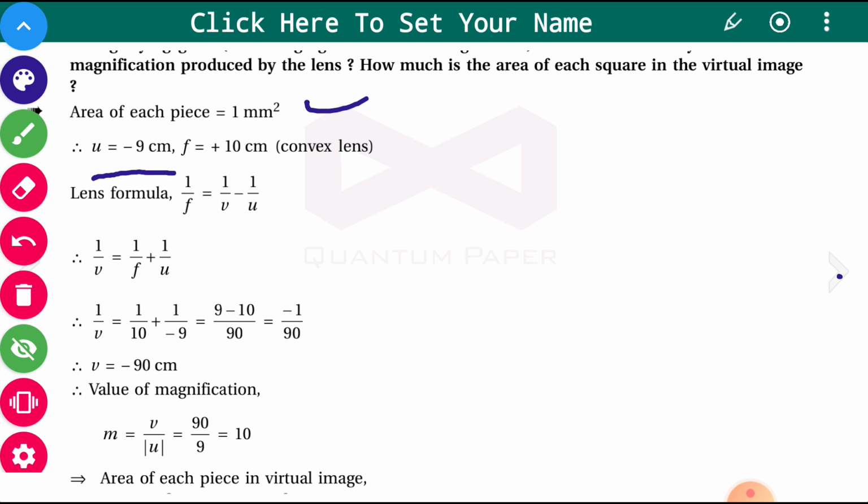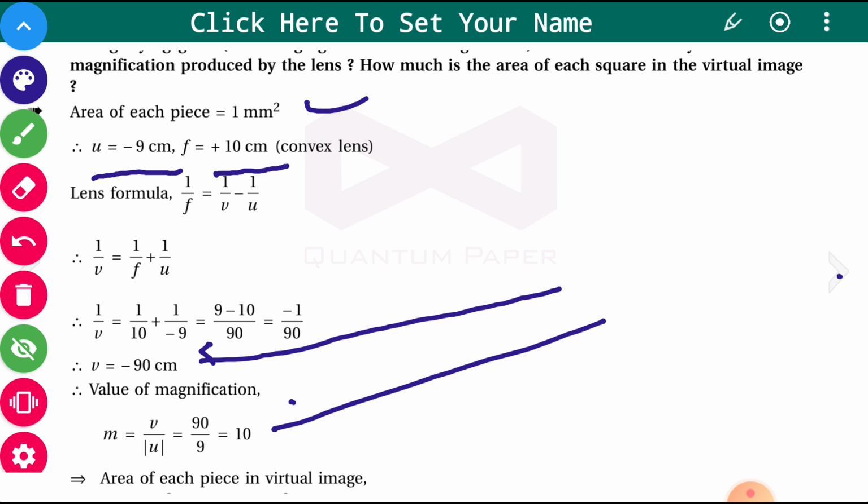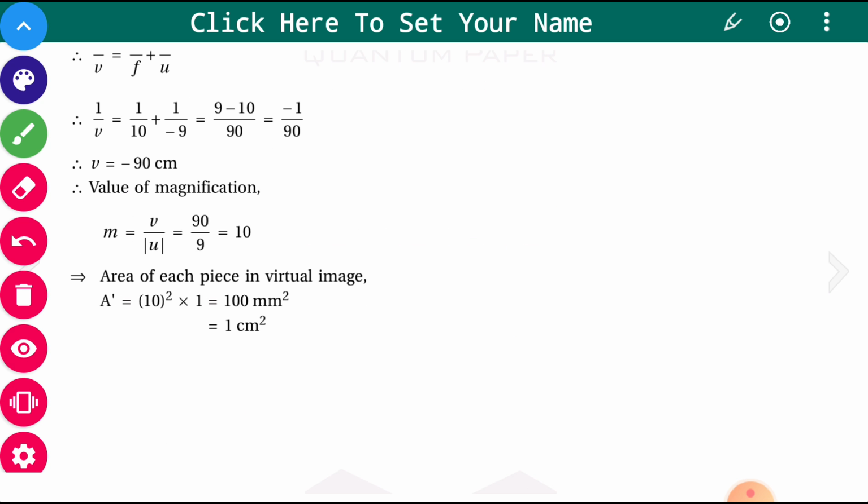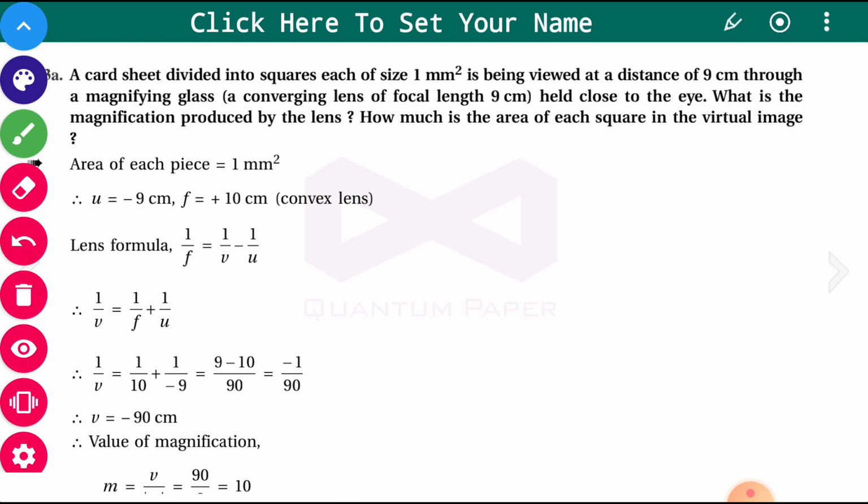Object distance u is equal to minus 9, focal length is 10 centimeter. So first we will get the value of v, that is minus 90 centimeter, and therefore magnification is v upon u, that will be 10. So area of each piece in virtual image: because 1 millimeter square is the area, length will be 1 millimeter, breadth will also be 1 millimeter.